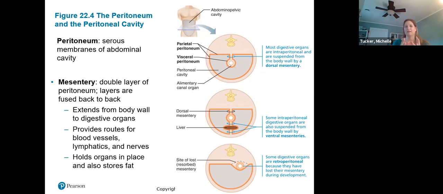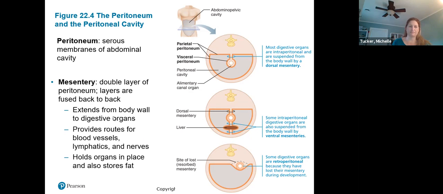It'll help keep the jejunum and the ileum in place, because you don't want those too loose or twisted in on each other. You need some structure. So the mesentery is two layers of peritoneum, a double membrane that keeps organs in place, but also provides routes for blood vessels, lymphatics, and nerves.